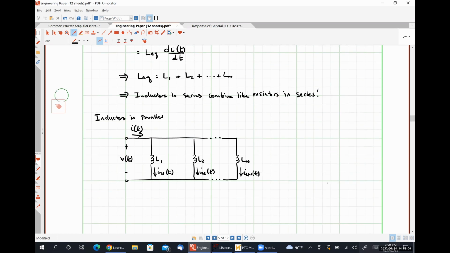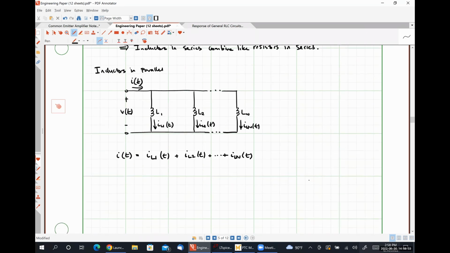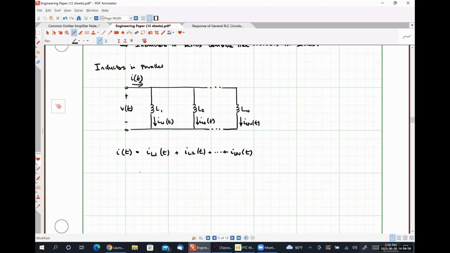If I apply Kirchhoff's current law, I can find that I of t is equal to IL1 of t plus IL2 of t all the way out to ILN of t. I can express all of those currents in terms of the common voltage V of t.